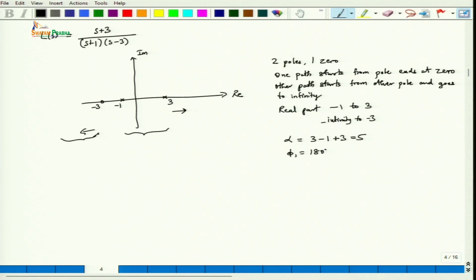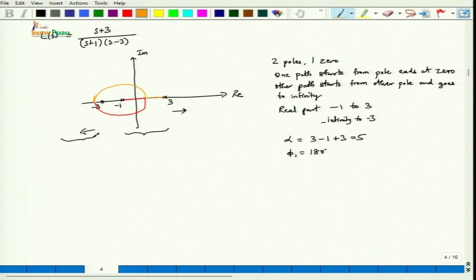In this case, one of the loci will start from here, and the other one in symmetric fashion goes from here to here. Then this part of the loci will similarly, in a symmetric fashion, come here, and this angle here will be 90 degrees.